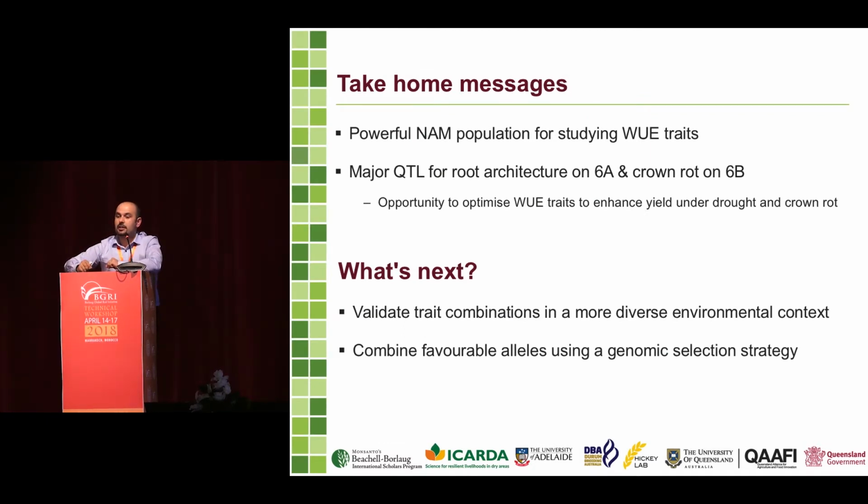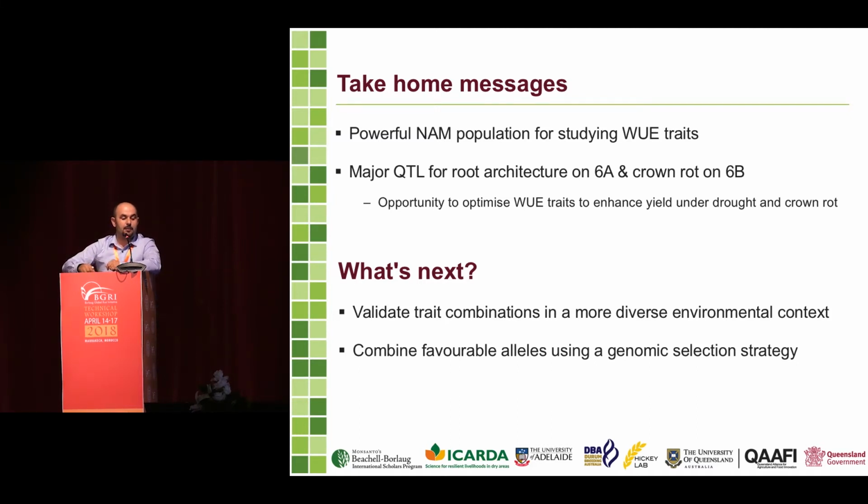The take-home message is, now that we have this powerful nested association mapping population, we could study water use efficiency traits and also other traits, and all of that could be harnessed using plant breeding. So we are open to any form of collaboration and sharing this material.